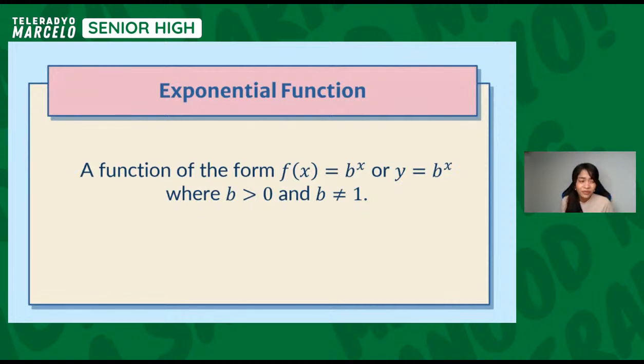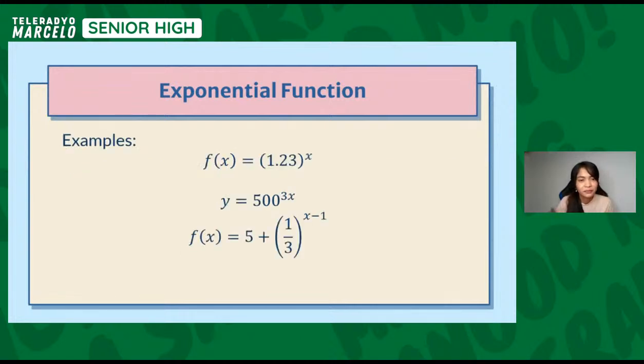Why is that? Do you have any idea? That is because if we have a base of 1 and we raise it to any number, the answer will always be equal to 1. So there will be no sense for us to represent those exponential functions having 1 as their base.